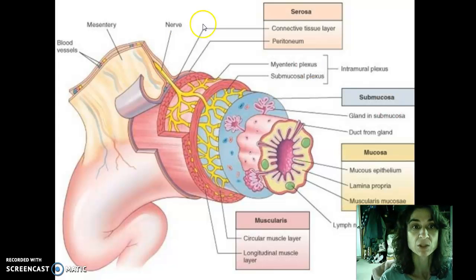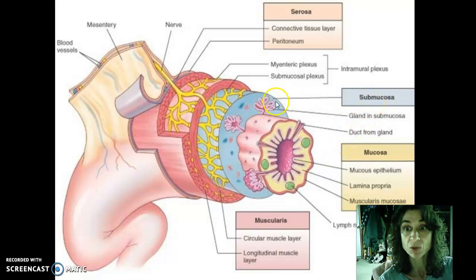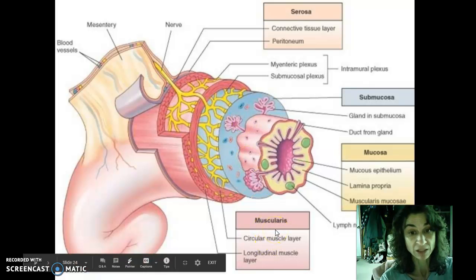All right. So here's the picture. You have your mucosa, which is the innermost layer. The submucosa comes next. The submucosa is where you can see the blood vessels, veins, and arteries. After the submucosa, we have the muscularis.